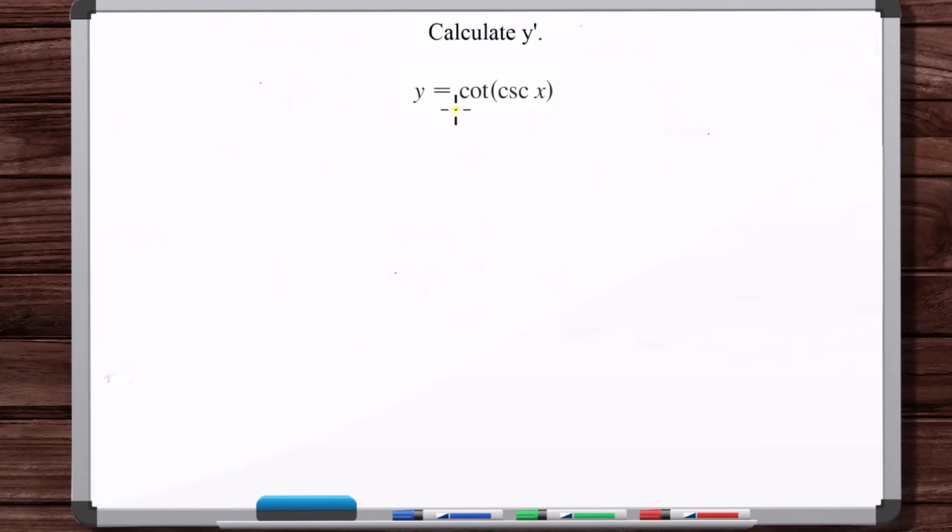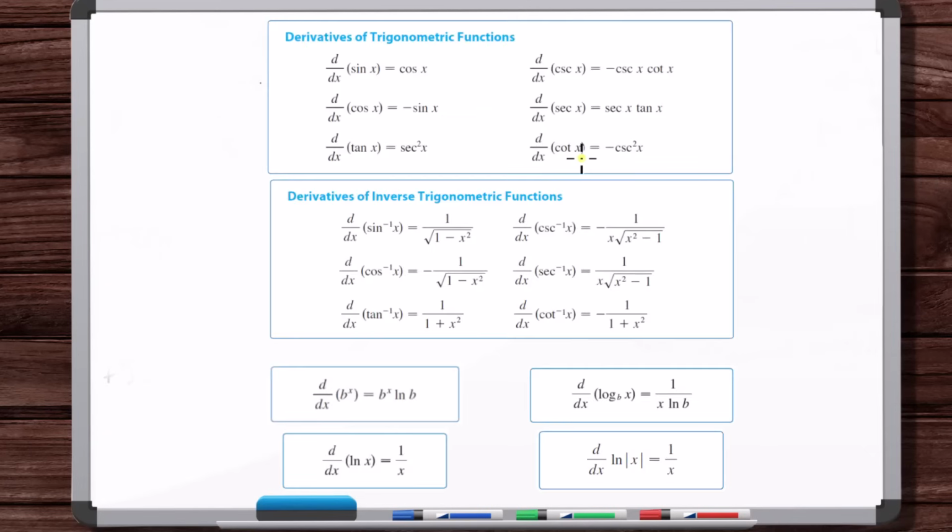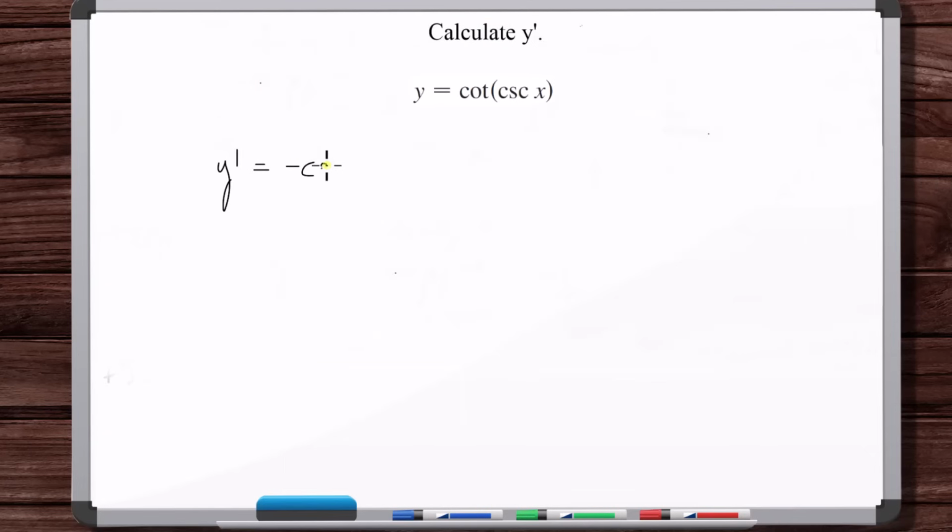Okay, chain rule. What is the derivative of the cotangent of something? It's minus cosecant squared of that something, times the derivative of that something. What is the derivative of cosecant x?